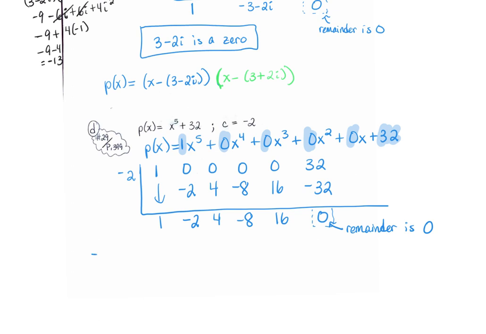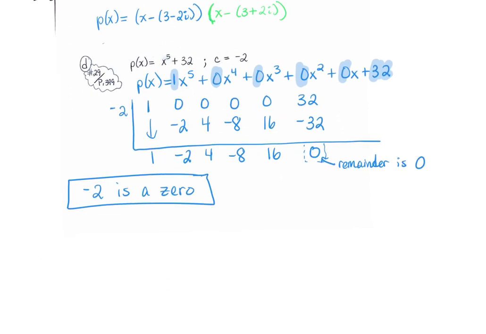Okay, which means -2 is a 0. Or in other words, x minus -2, which equals x plus 2, is a factor, which means p of x is going to equal the quantity x plus 2. Now remember, these coefficients here are the coefficients of the polynomial that's 1 degree lower than 5. 1 degree lower than 5 is x to the 4th.